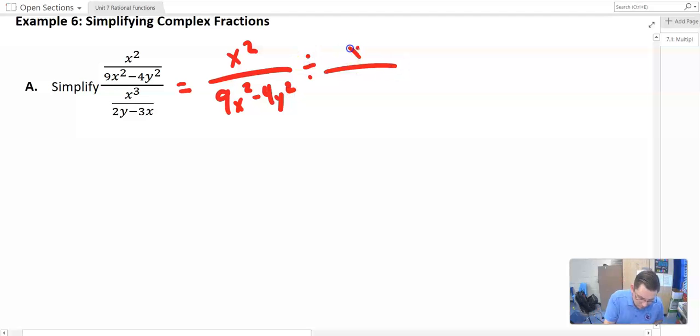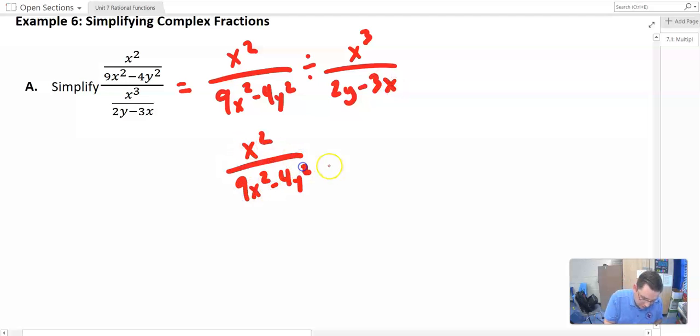But if you're not comfortable with two steps in one here, write it out as division and then rewrite it as multiplication. So x squared over 9x squared minus 4y squared times 2y minus 3x over x cubed.